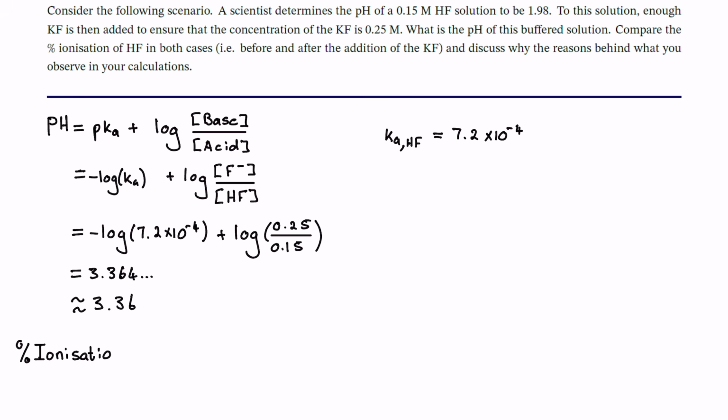I'm first going to look at the buffer. Percentage ionization in general is equal to the hydronium ion concentration at equilibrium, divided by the initial concentration of the acid you are interested in, multiplied by 100%.